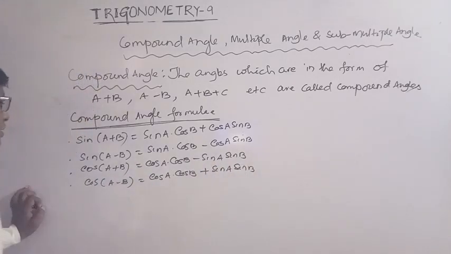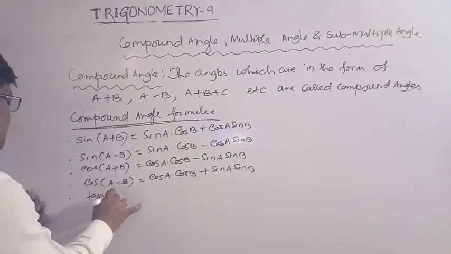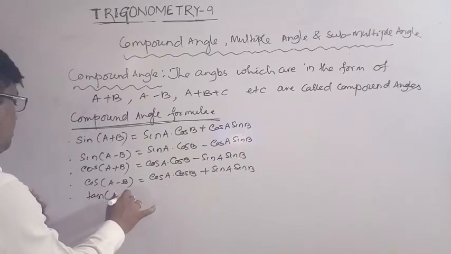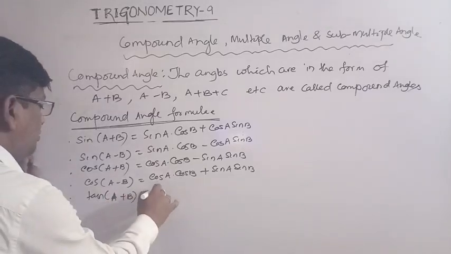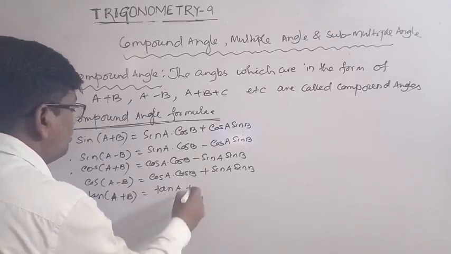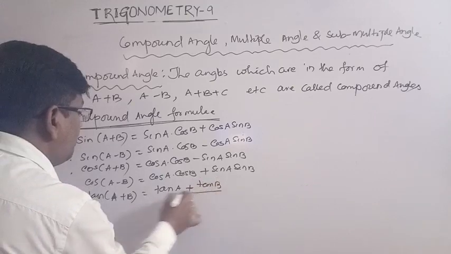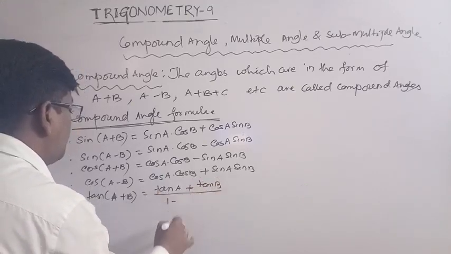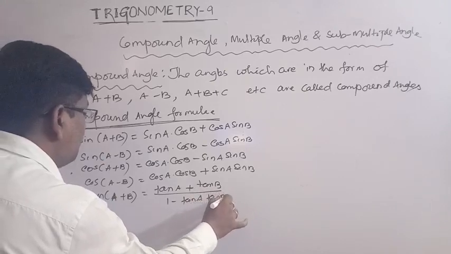Okay, and tan a plus b is equal to what? Tan a plus b is equal to tan a plus tan b divided by 1 minus tan a into tan b.